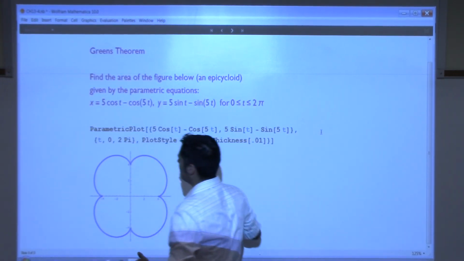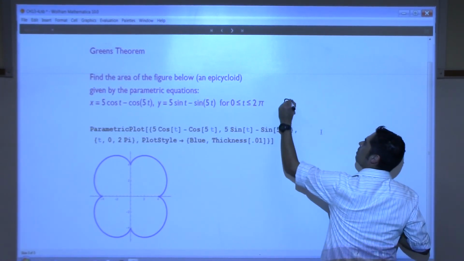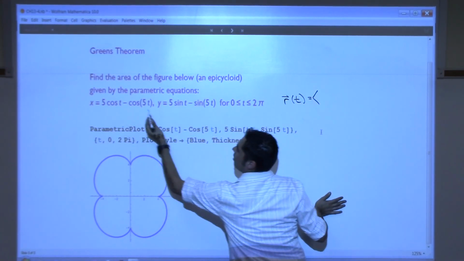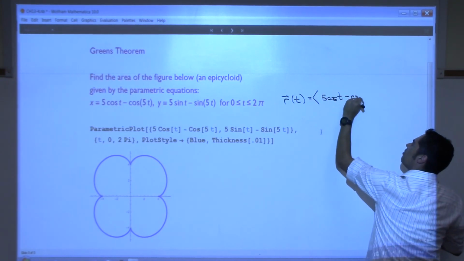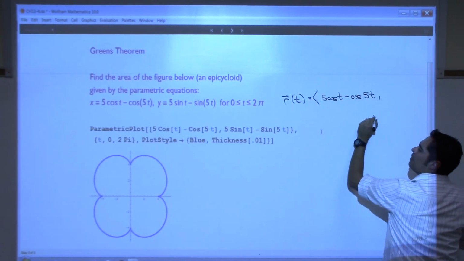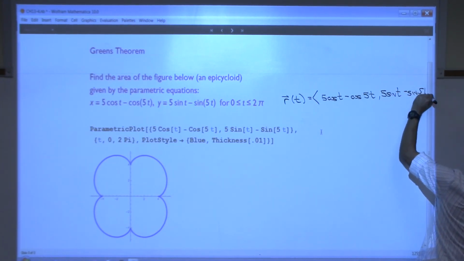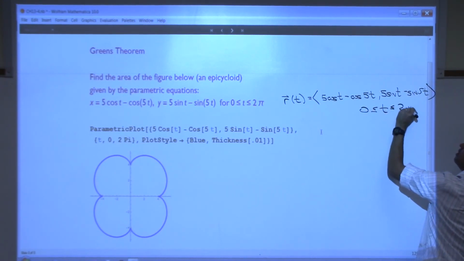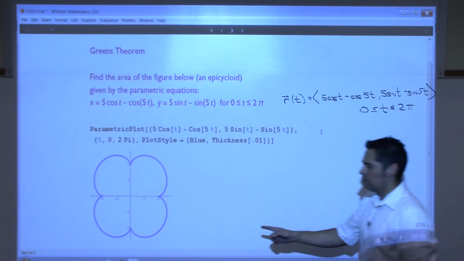All right, if you were to go and plot this vector function, r of t equals, it's this in here, okay? 5 cosine t minus cosine 5t, and then 5 sine t minus sine 5t, like that. And you were to let t go from 0 to 2 pi. You would draw this epicycloid, which is this right here. That's what it would draw.